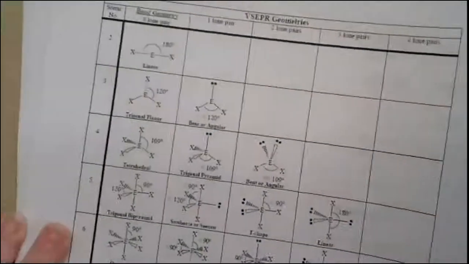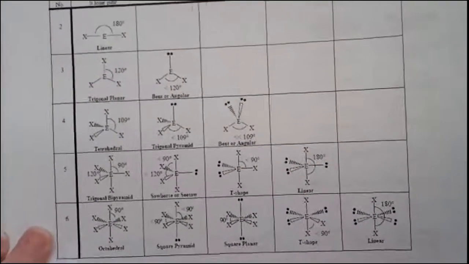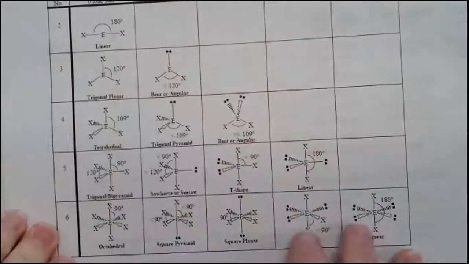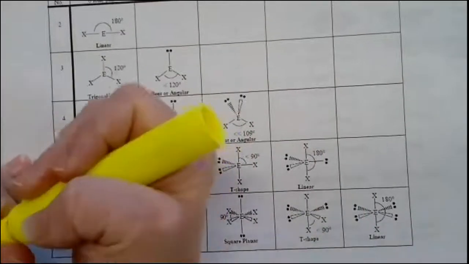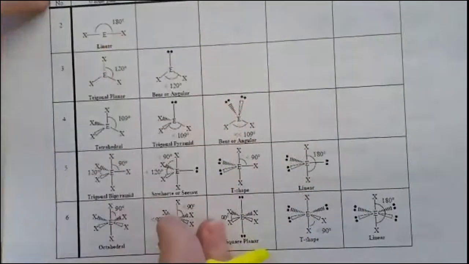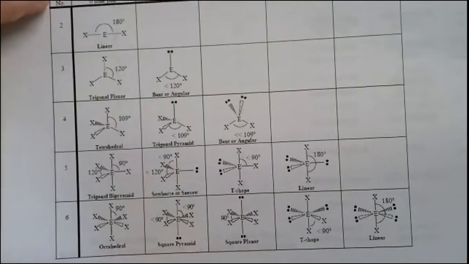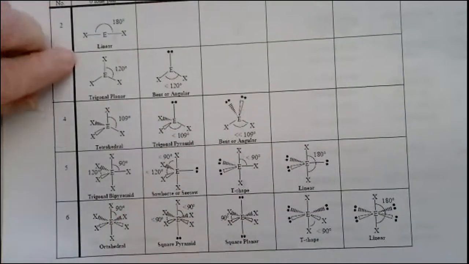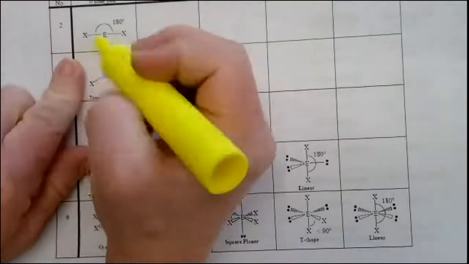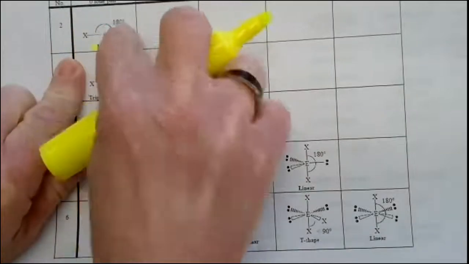All right. On page 28 in your student packet, here is a layout. And so this may be your tool for memorizing. Now, steric number is the number of electron areas total. If both are bonded, linear, 180 bond angle.